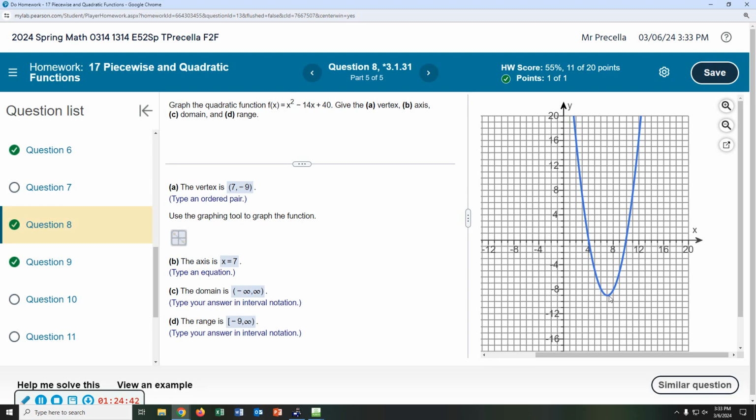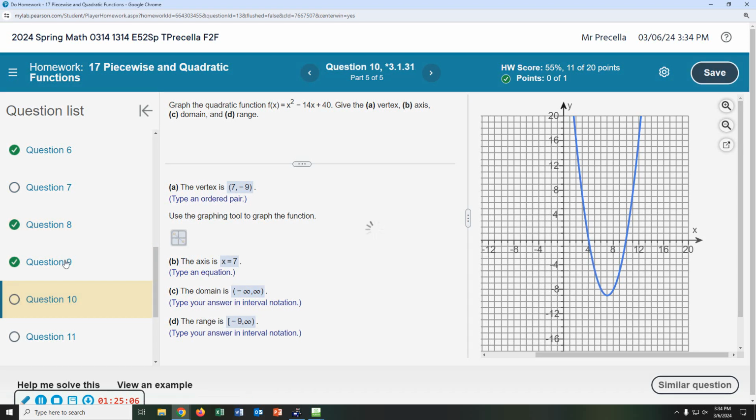What's the minimum value of the function? Is it 7 or is it negative 9? What's the smallest y value on this graph? Negative 9. The value of the function is the y coordinate. It's not the 7 that you found. The minimum value is that y coordinate.